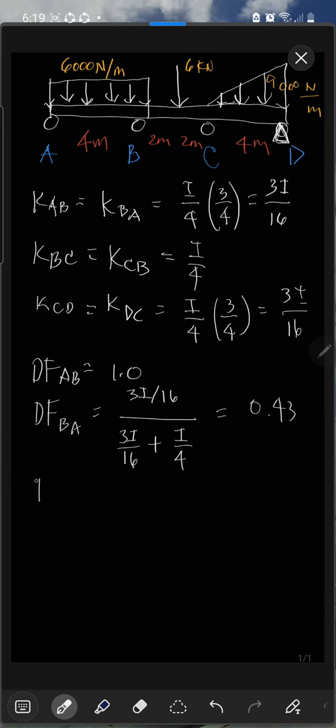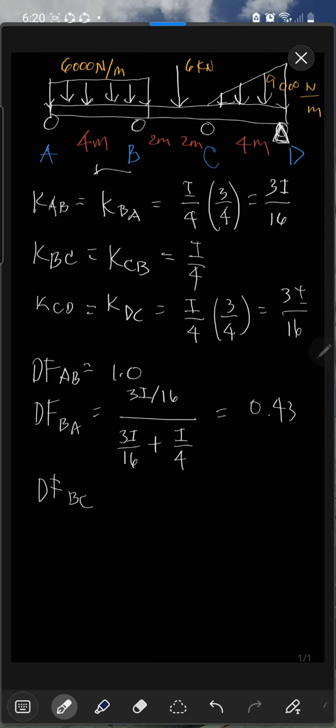So this is DF BA. Now going toward BC to the right.